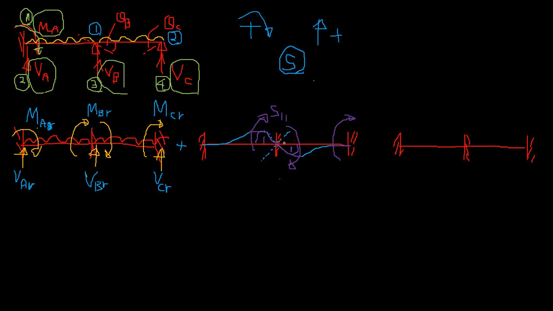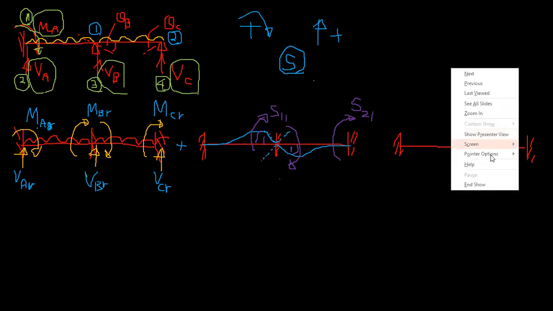So the total S is the summation of these two. So this will be S2,1. These are for a unit rotation. Please keep that in mind.